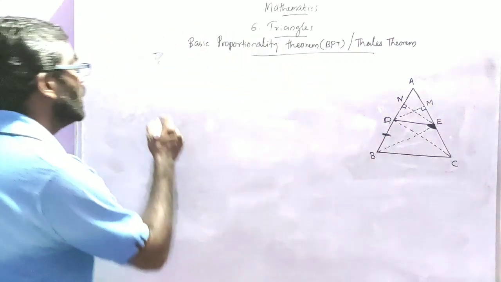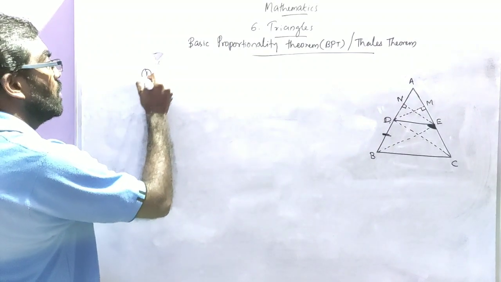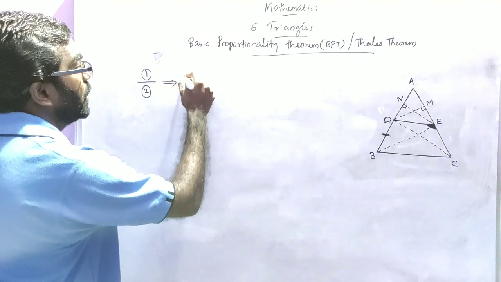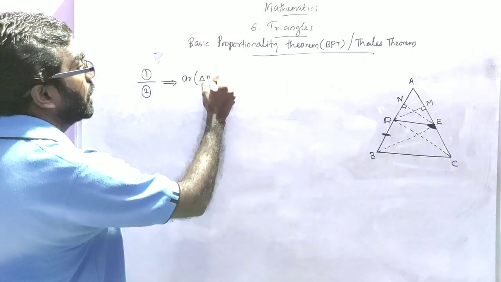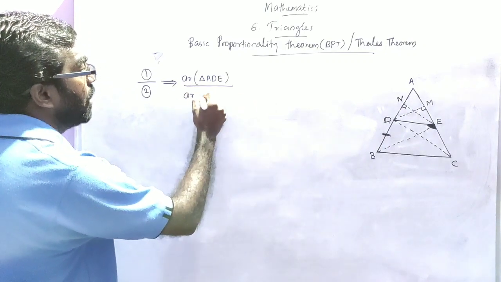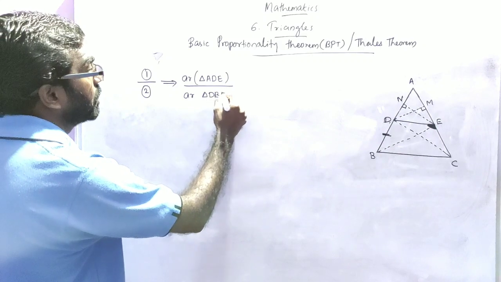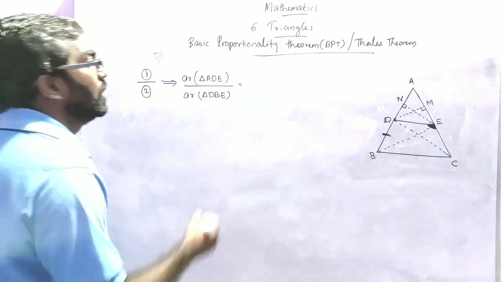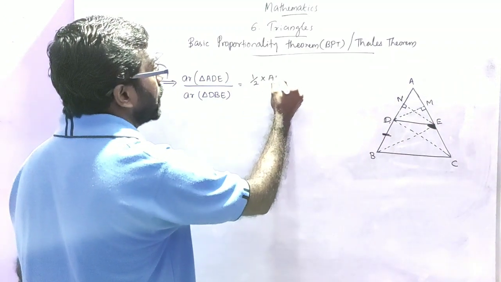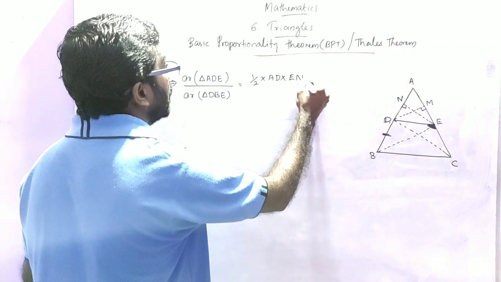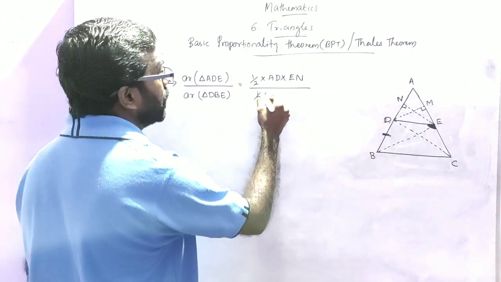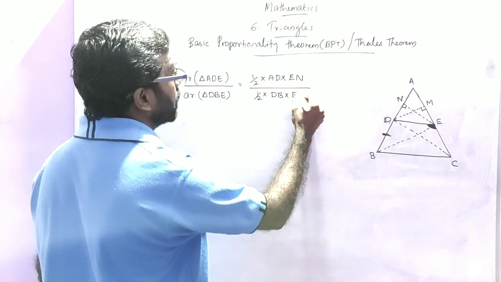For that we can divide equation 1 and 2. Equation 1 divided by equation 2 implies area of triangle ADE divided by area of triangle DBE, which will be equal to, so instead of area of triangle ADE we can replace the value half into AD into EN, divided by area of triangle DBE, which is half into DB into EN.